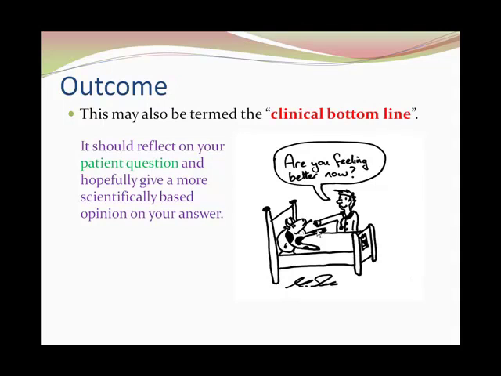Once we've reviewed our papers, which we'll talk about in year 3 as far as appraisal goes, we can look at the levels of reliability of each individual trial. Say we're looking at 7 trials, then we can look to see if there's any similarities between the results and term this a clinical bottom line. So we're getting a best evidence guess at the answer to our original patient question.